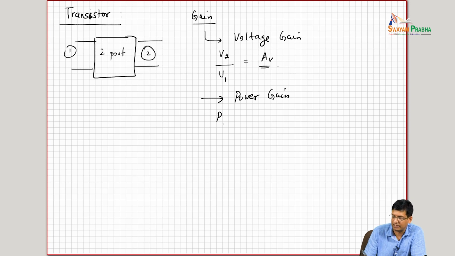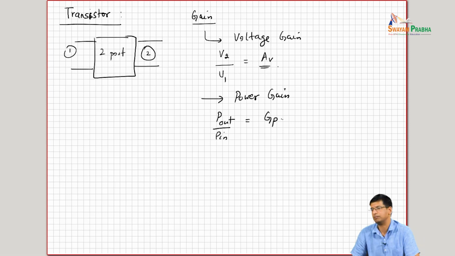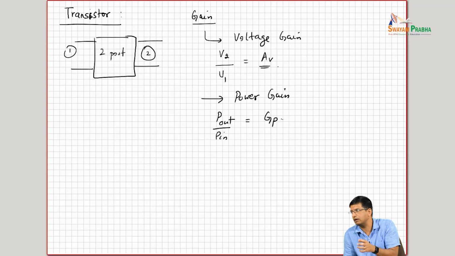Where basically you are saying that P out minus P in is some gain that you have. So you are applying some DC power into your transistor, right? And what is happening is that it is using the DC power to take the input power and increase it and give you some higher output power than what was put in, right?